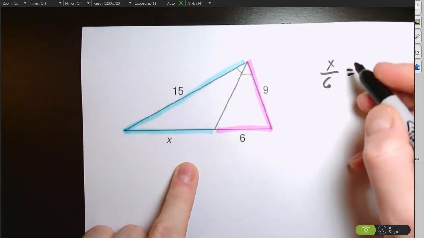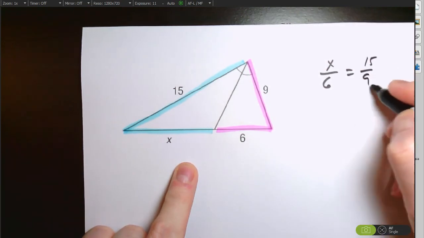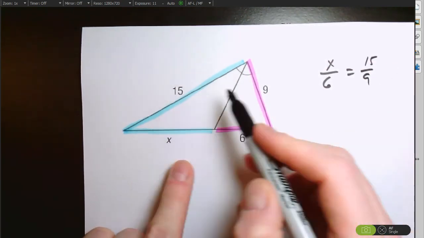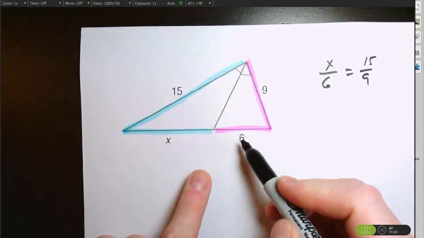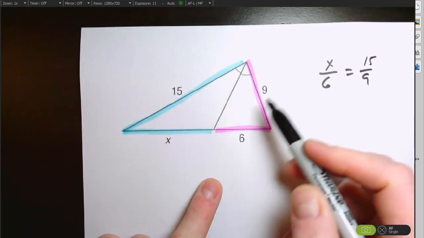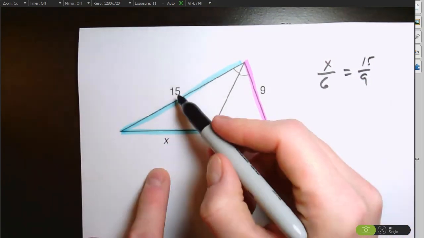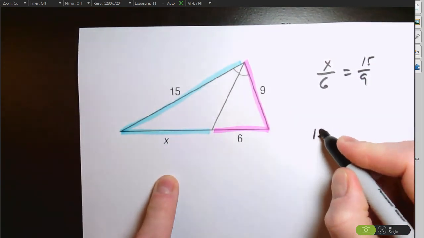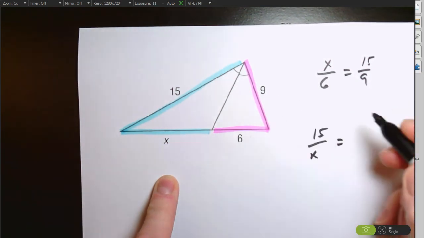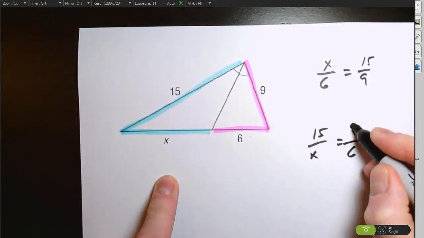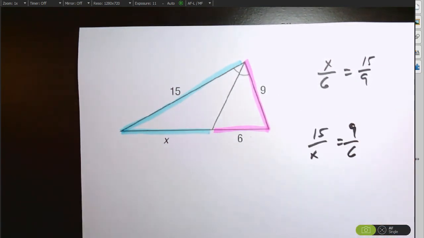That's the first way that the theorem's written out: part over part equals side over side. And again, this part corresponds to this side, this part corresponds to this side because they're the ones that they touch. Or you could do, which is the way I kind of like to do it, side over part equals side over part. I don't know why, I just prefer it for some reason.